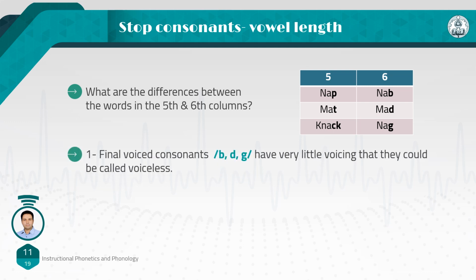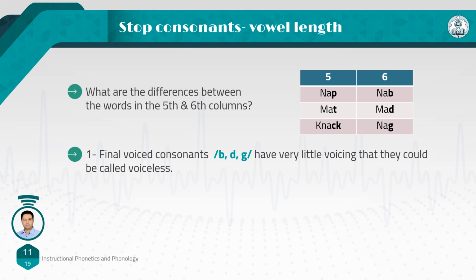The first difference is this, that final voiced consonants b, d, and g have very little voicing, that they could be called voiceless. What about another difference? Try saying these words separately.